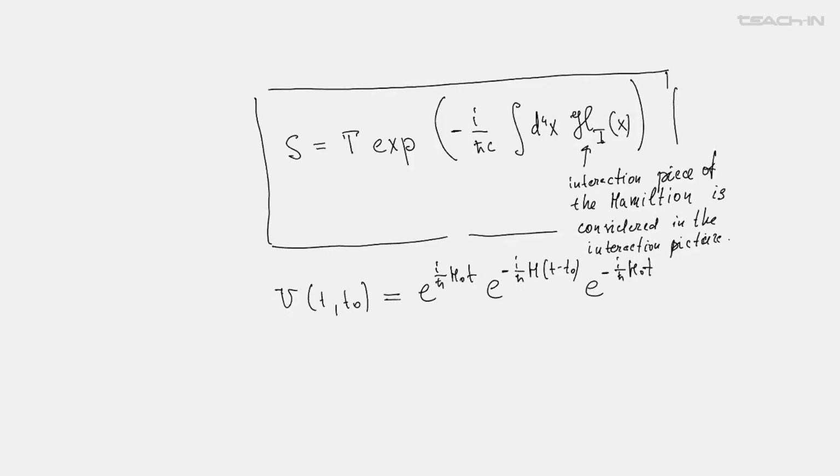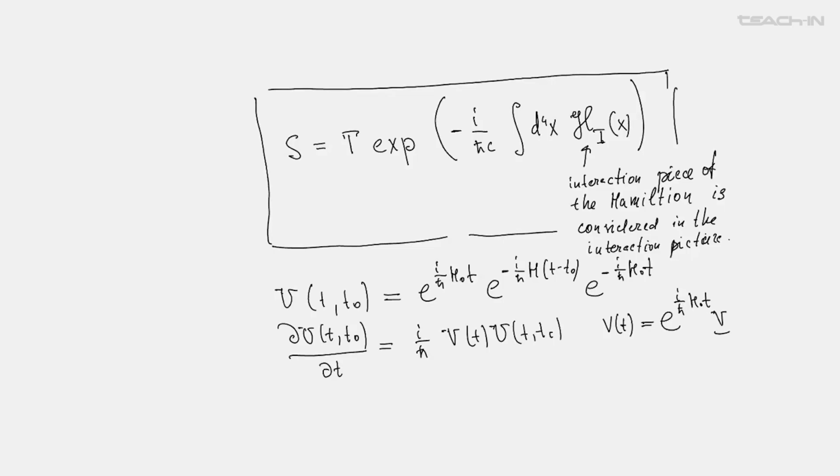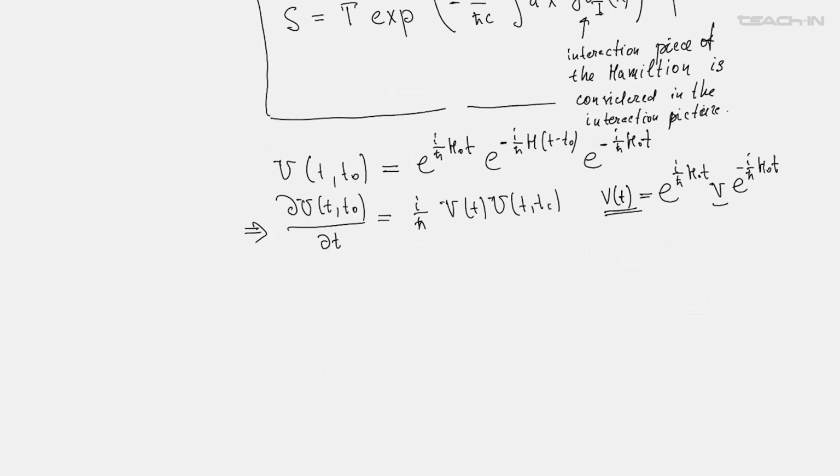then write for this evolution operator the differential equation which it must satisfy, and this evolution equation is of the following form: dU over dt is equal to i over h bar V(t) U(t,t0), where V(t), the time-dependent potential, is now taken in the interaction picture, which means that the time-independent potential undergoes evolution with a free Hamiltonian, giving rise to this time-dependent operator V(t). This differential equation for U(t,t0) should also be supplied with the initial condition that U(t0,t0) is equal to the identity operator.